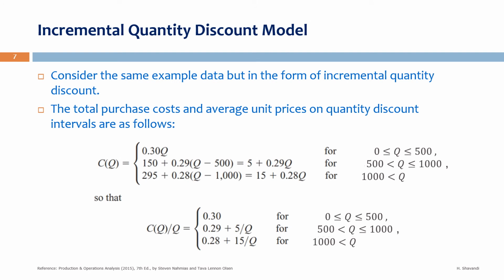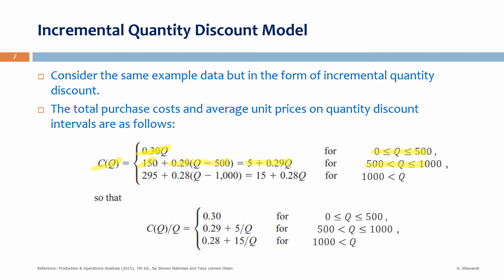So let's consider the incremental quantity discount model. Here, if Q lies between 0 and 500, the price would be 30 cents. So 0.3 times Q would be the total purchase price for each order. But if Q is between 500 and 1,000, the first 500 units will be 30 cents, so 0.3 times 500 becomes 150, and the rest will be at $0.29.